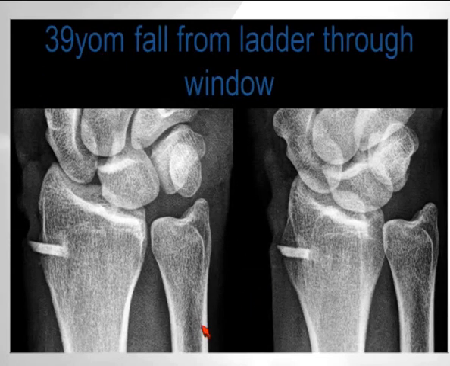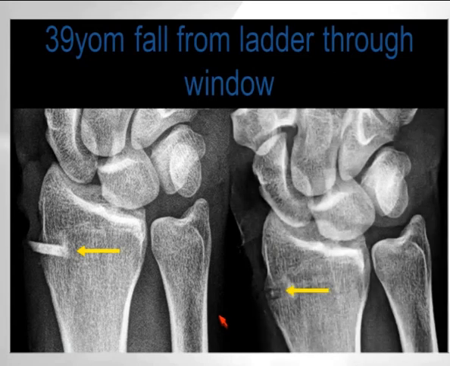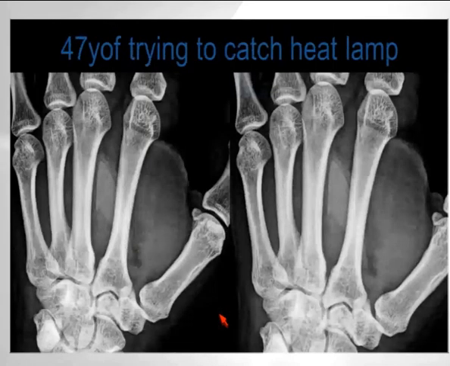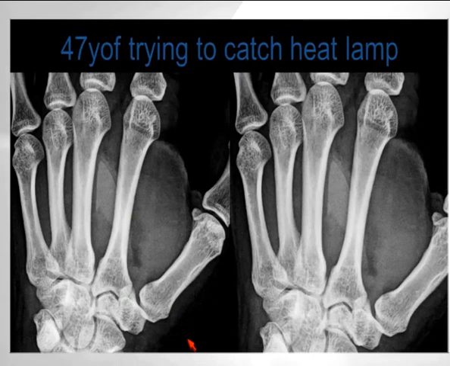This window washer fell off the ladder, fell through the window, and on radiography in our emergency department, there's a piece of glass embedded in his distal radius. After removal, we confirmed that all the pieces had been taken out. This lady tried to catch a heat lamp as it was falling towards her, but when she caught it, the bulb shattered.